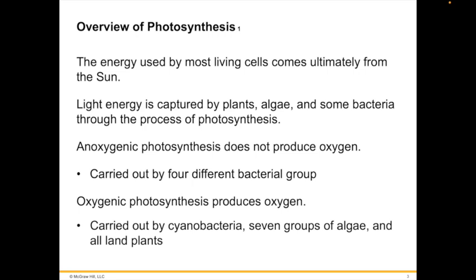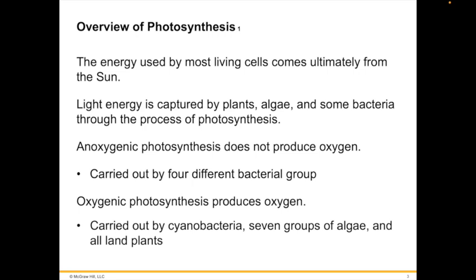Photosynthesis occurs in a wide variety of organisms, and it comes in different forms. These include a form of photosynthesis that does not produce oxygen, referred to as anoxygenic, and a form that does, oxygenic. Anoxygenic photosynthesis is found in 4 different bacterial groups: purple bacteria, green sulfur bacteria, green non-sulfur bacteria, and heliobacteria.